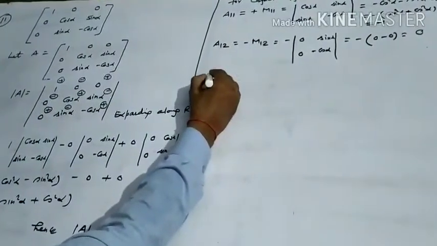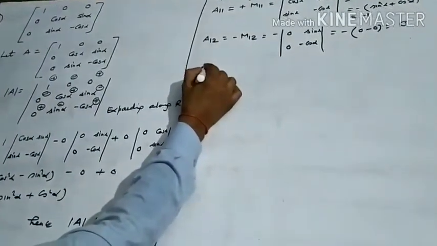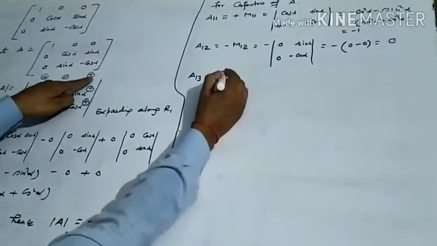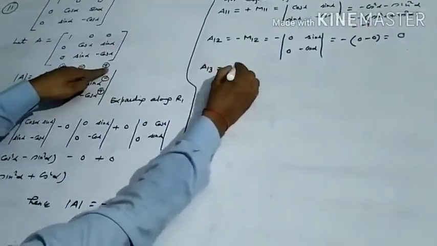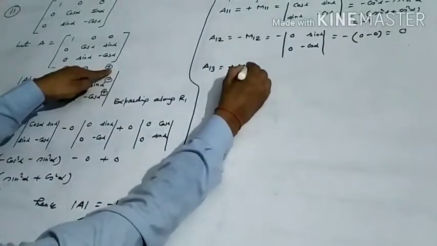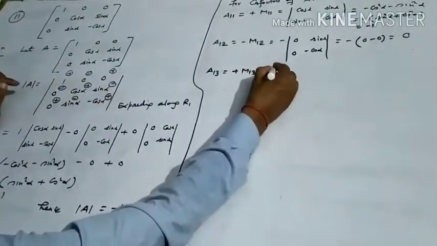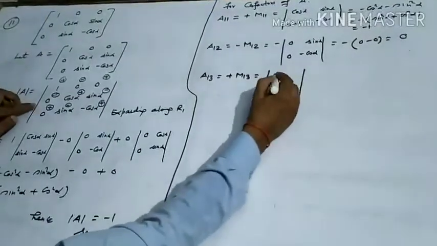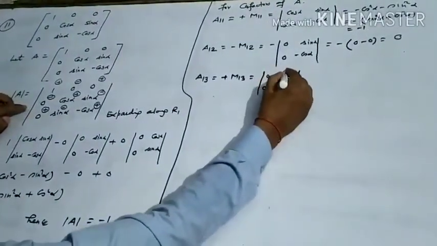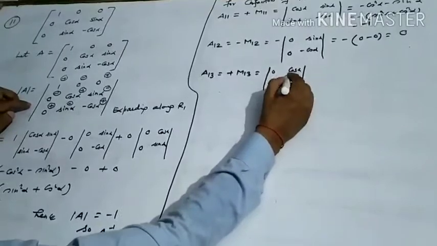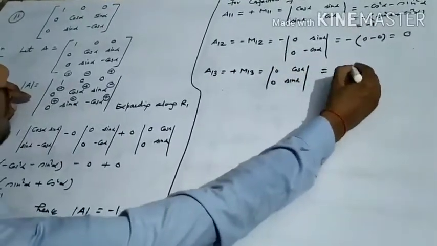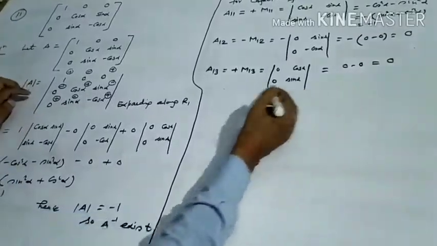Then the cofactor of the element of the first row and third column, minus 1 to the power 1 plus 3, is plus, times the minor of the element of the first row and third column, obtained after leaving the first row and third column. So this becomes 0, 0, cos alpha, sin alpha. Cross multiplying, 0 minus 0, this is also 0.